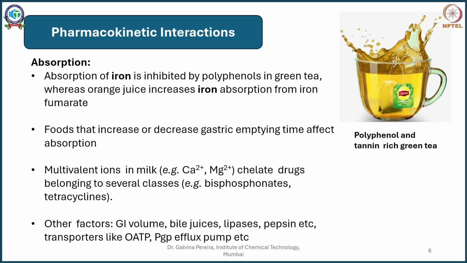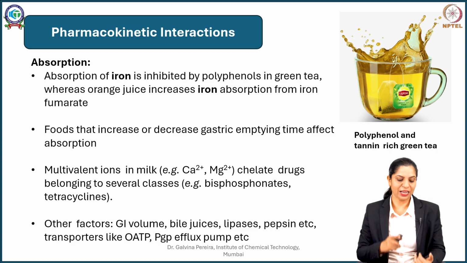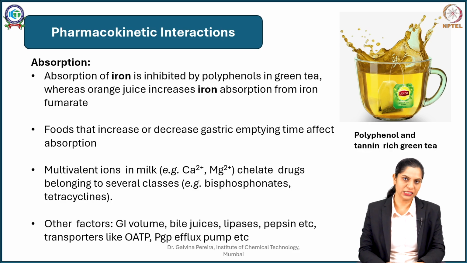Now moving on to the next cases, say for example, there are many health conscious people who drink tea without milk. Now here what happens is, when you are drinking your tea without milk, the tea polyphenols, which are your flavonoids and tannin derivatives, have a good ability to chelate proteins as well as metal ions.